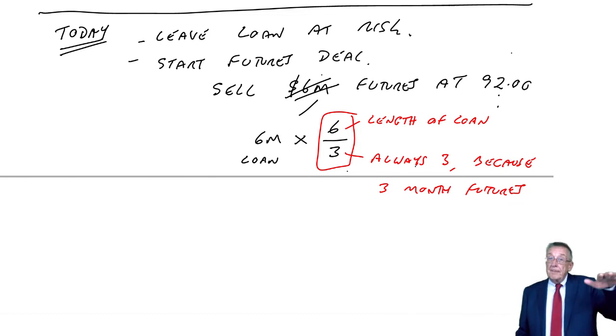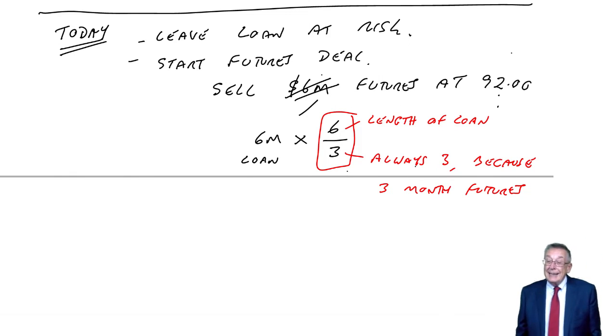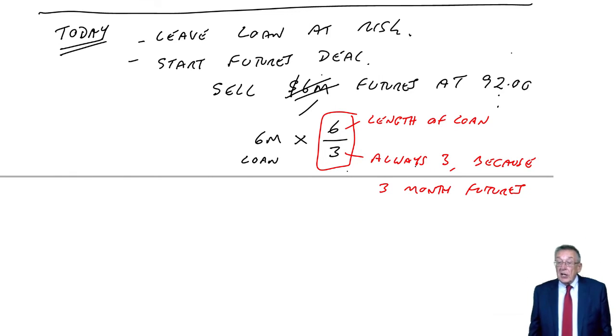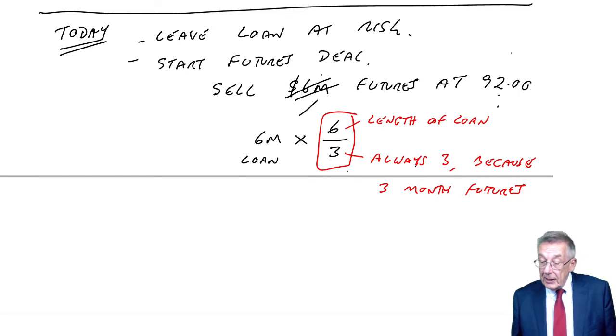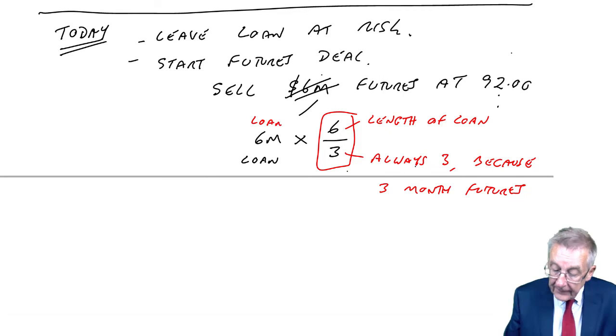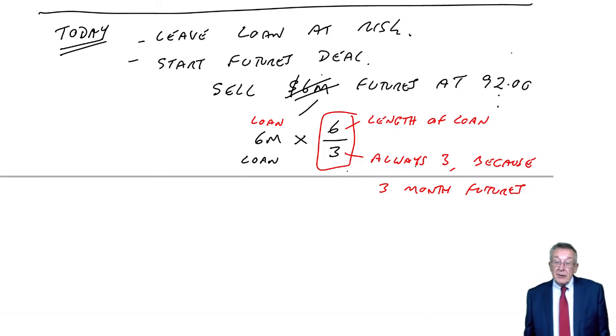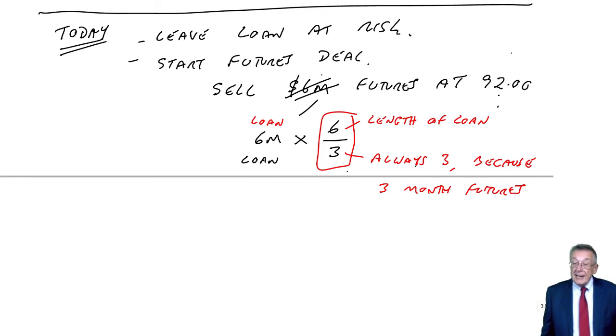And if rates go up, they'll make a profit to compensate for the extra interest. But when you're calculating how many futures we sell, it's always the amount of the loan, here 6 million, multiplied by the length of the loan divided by 3.